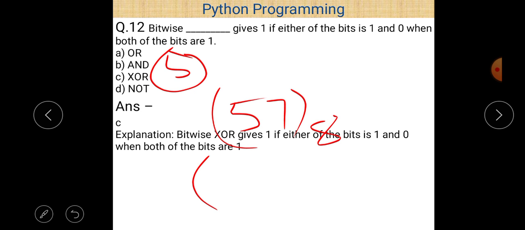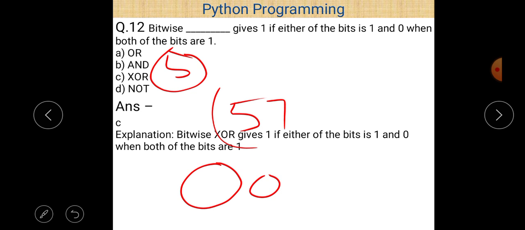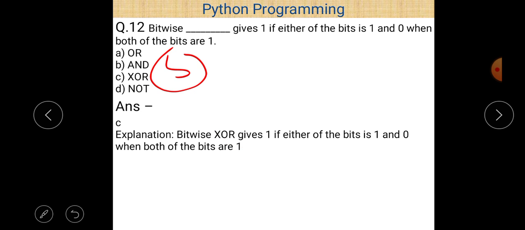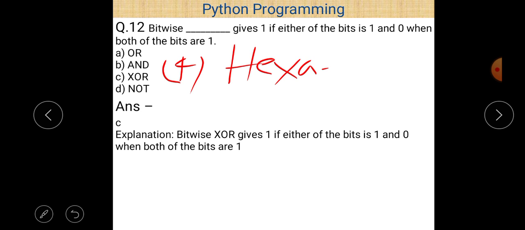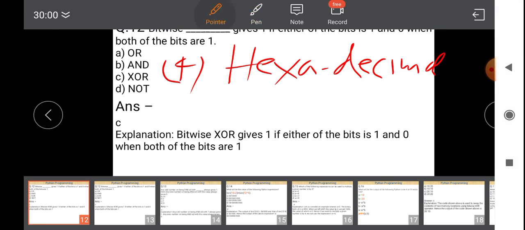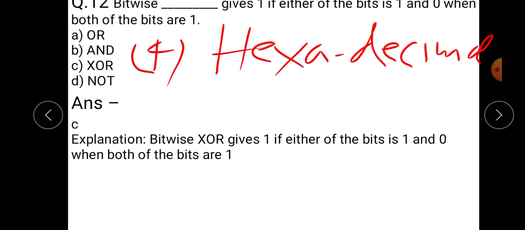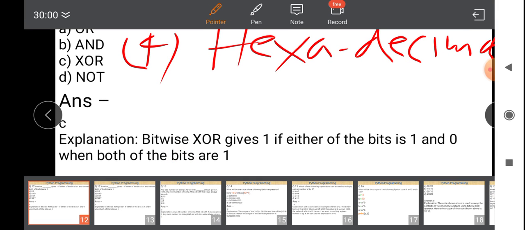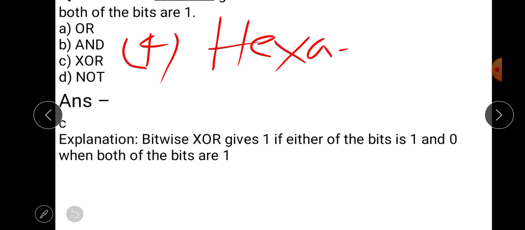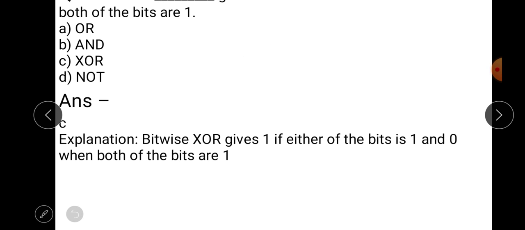This is an octal number system. In Python programming, the octal number system is represented by the prefix 0o, which represents that it is an octal number. Now let us talk about the hexadecimal number system, which is the fourth one. In the hexadecimal number system, hex means 6 and decimal means 10.